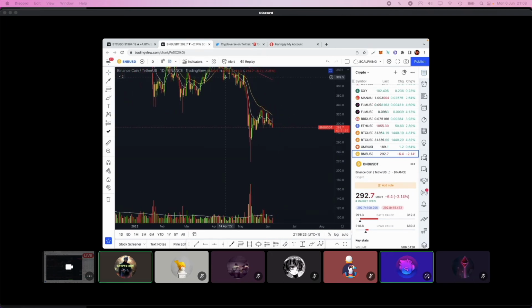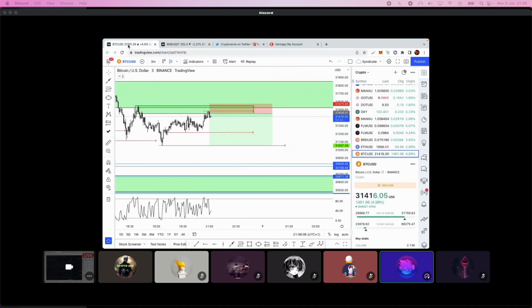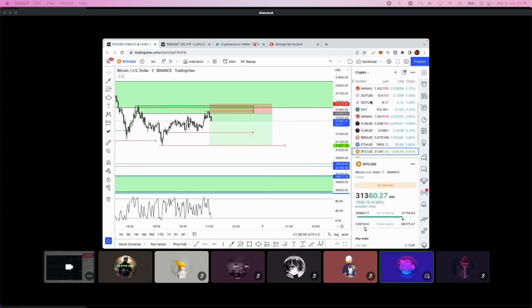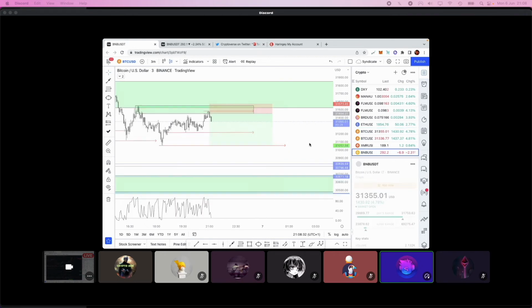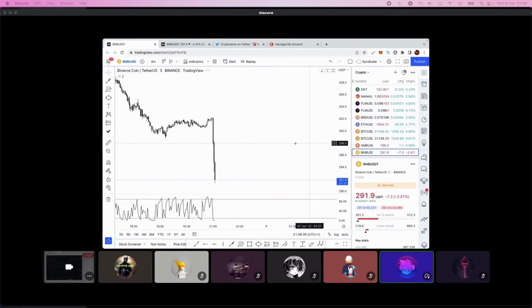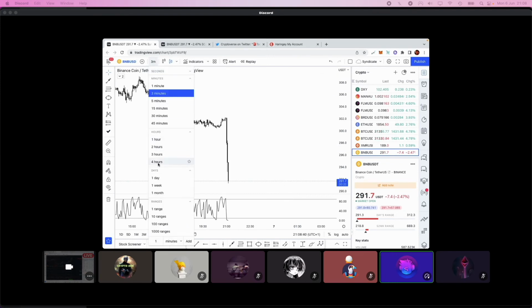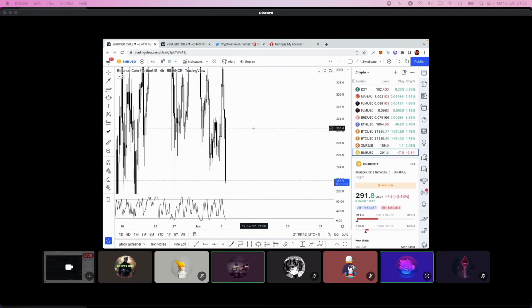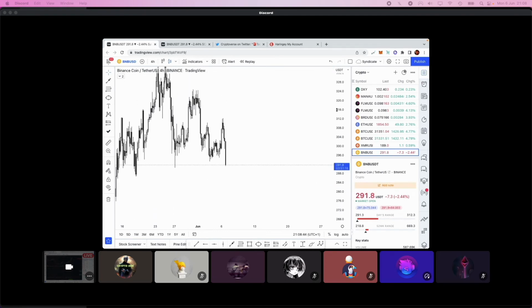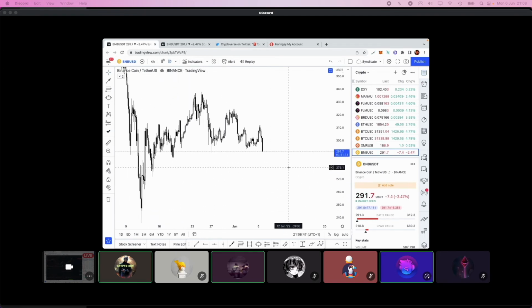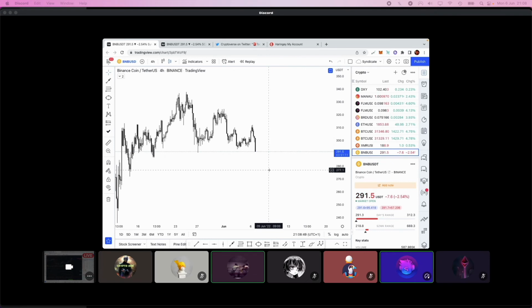Shit, what's going on with Binance coin? Let me have a closer look. Damn.